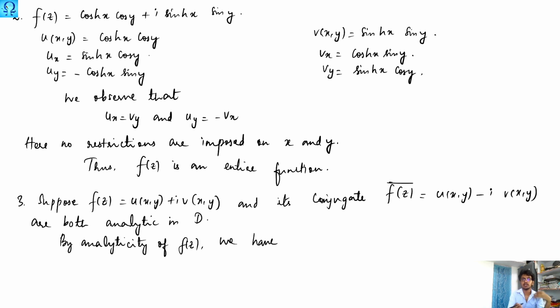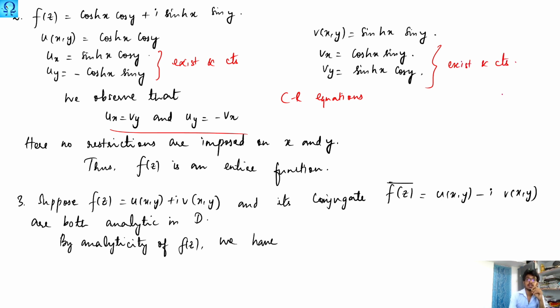If it is differentiable, then it will satisfy Cauchy-Riemann equations. In the previous problem also, using Cauchy-Riemann equations, we concluded that the function is analytic everywhere on the entire plane. Here this satisfies the Cauchy-Riemann equations. CR equations are satisfied and all these four quantities exist and are continuous as well.